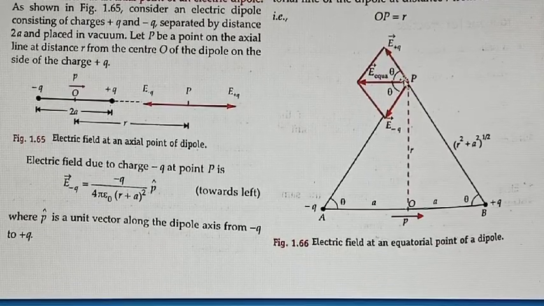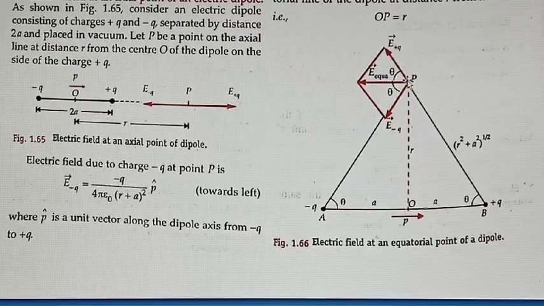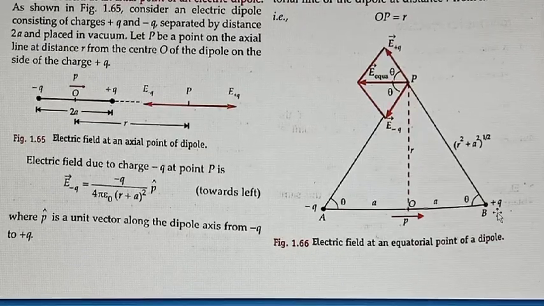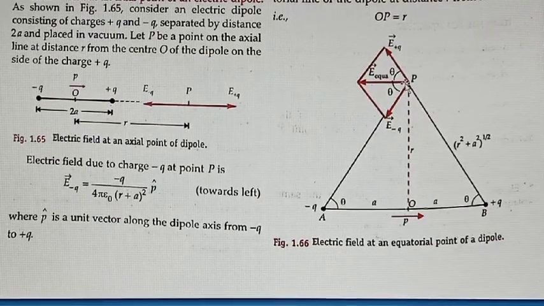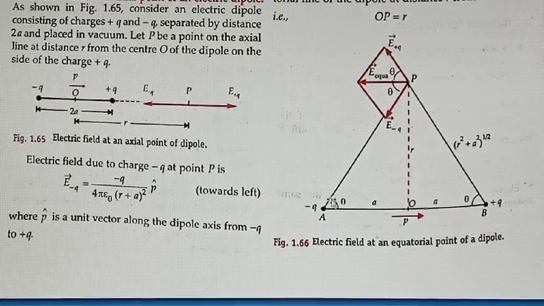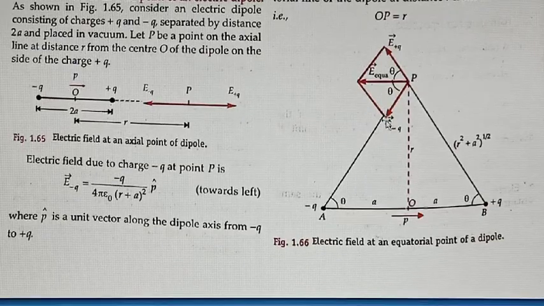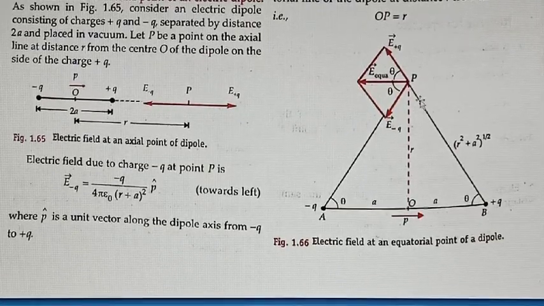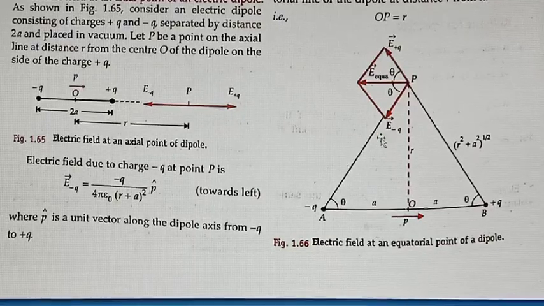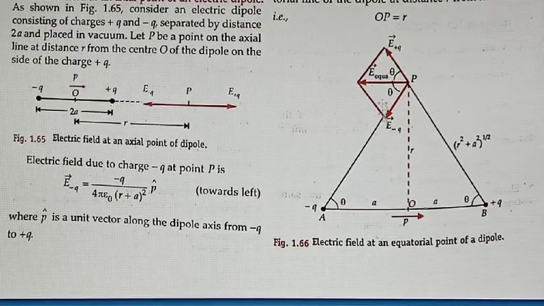Now at point P, you have to draw the electric field vector due to minus Q and plus Q. This is E minus Q, the electric field vector at point P due to minus Q. Similarly, the electric field at point P due to plus Q is like this, E plus Q. This is negative, so it has to come like this.